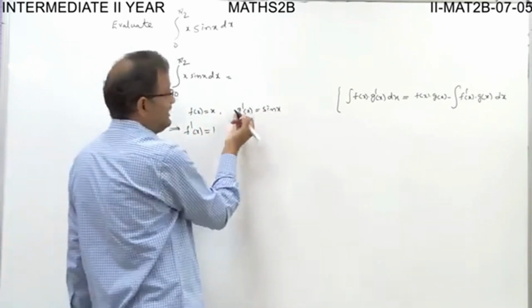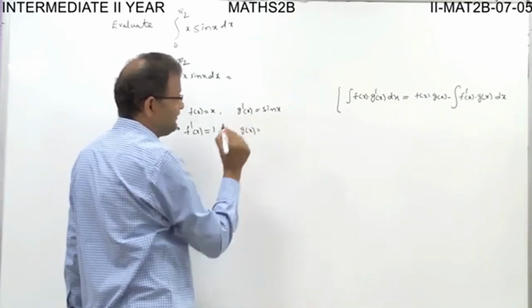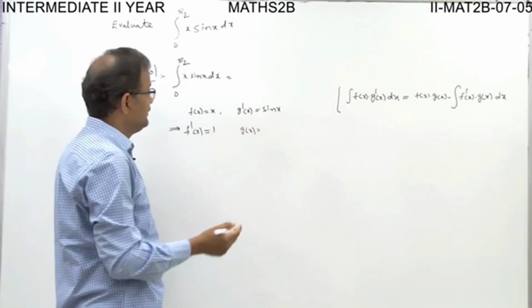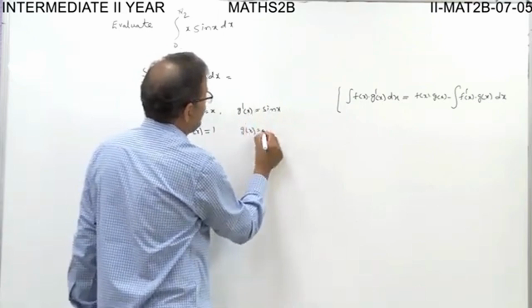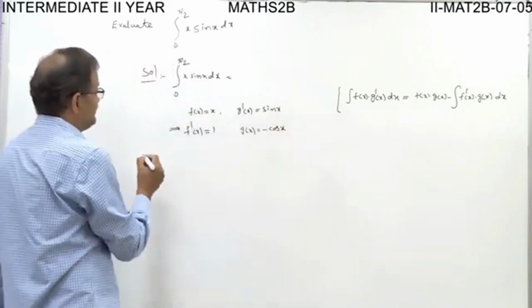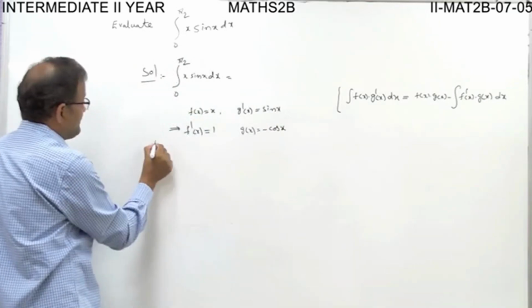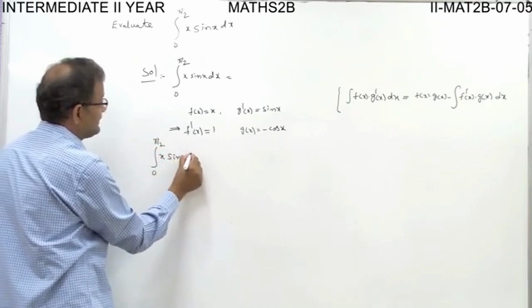Integrating on both sides, integral g dash of x dx equals g of x, derivative and integration cancel. Integral sin x dx, integral of sin x is minus cos x. Now, integral 0 to pi by 2 x into sin x dx.